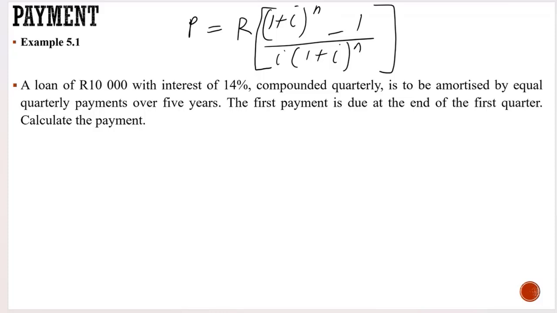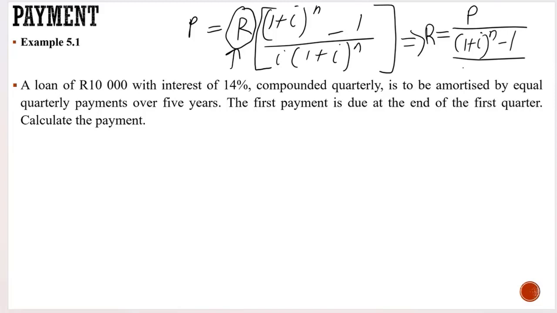That is your R. Making R the subject, if you do the calculations, R is equal to P divided by 1 plus i to the power n minus 1, divided by i into 1 plus i to the power n. You just make R the subject of the formula. There's nothing new that you introduce here.